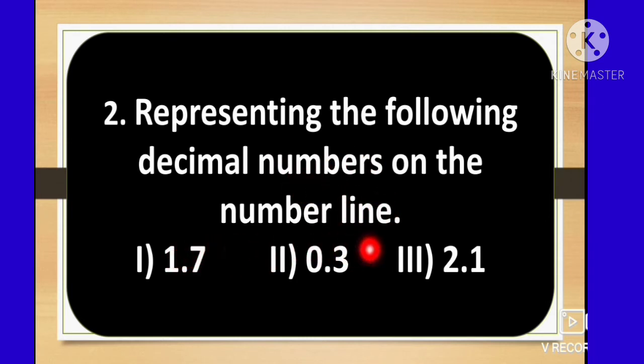1.7, 0.3, 2.1. So here 1.7 lies between 1 and 2 and also in the 7th part. So 1.7 has 1 and 7 tenths. And here 0 and 3 tenths, 2 and 1 tenths.